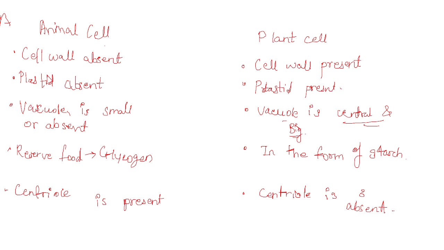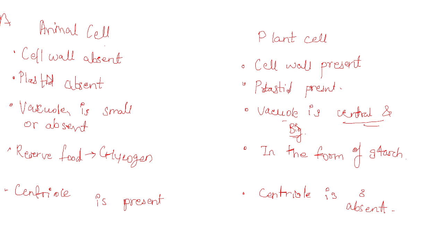Is it clear, students, what is the difference between the animal cell and the plant cell? The animal cell has no cell wall, whereas in the plant cell the cell wall is present. Plastid is absent in the animal cell, and in the plant cell it is present. Which plastid is present in the plant cell? It is the chloroplast. Because of chloroplast, it has the pigment chlorophyll that gives a green color to the plant. Next is the vacuole. In the animal cell it is mostly absent, but if present, it is small.